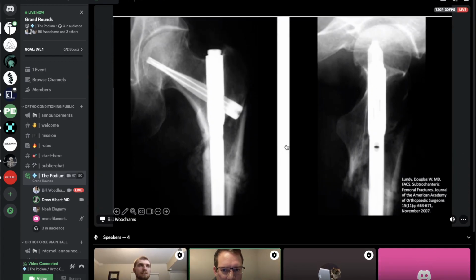That's a lot of information, but I guess people can see my screen. I'm going to draw this out. People will be able to see the screen on the recording, but not live. I'm pointing to the tip of this screw that goes in the femoral head, which is not a screw, it's more of a blade implant.